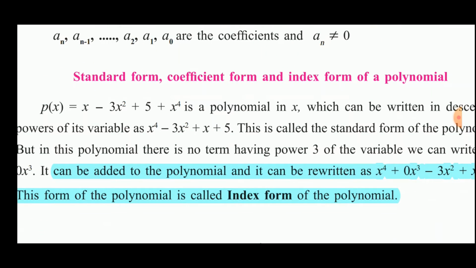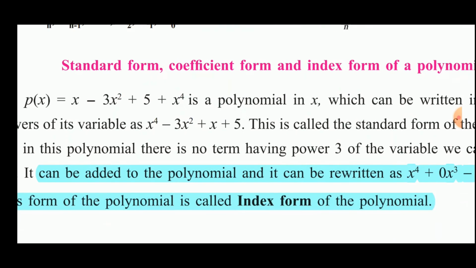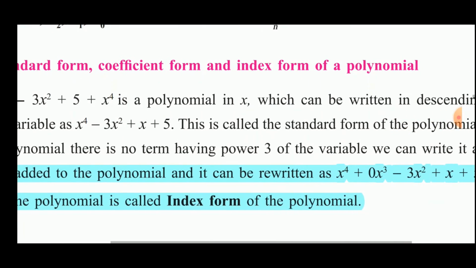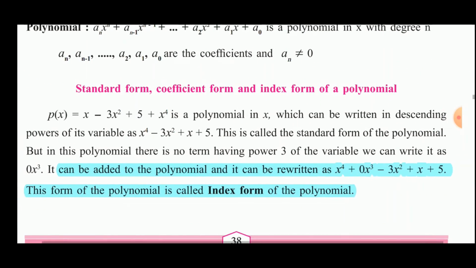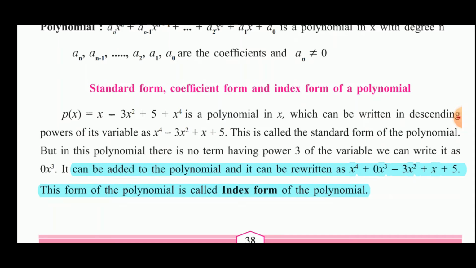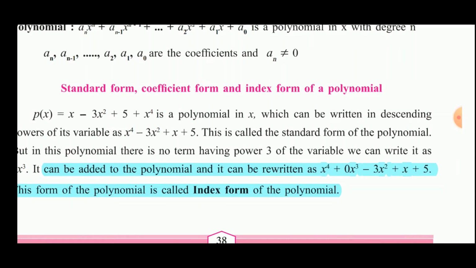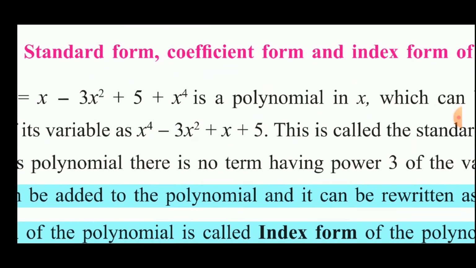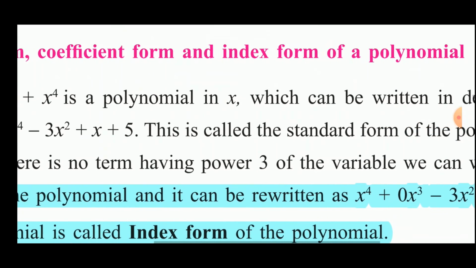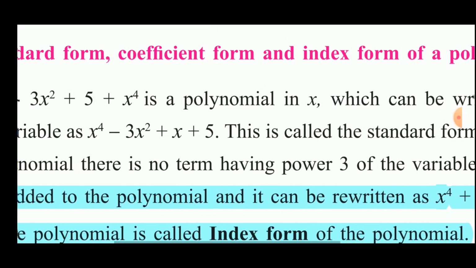Now consider this polynomial: x minus 3x square plus 5x plus x raised to power 4 is a polynomial in x, which can be written in the descending powers of the variable as x raised to power 4 minus 3x square plus x plus 5. This is called the standard form of the polynomial.